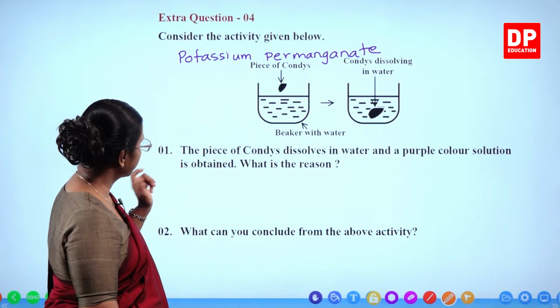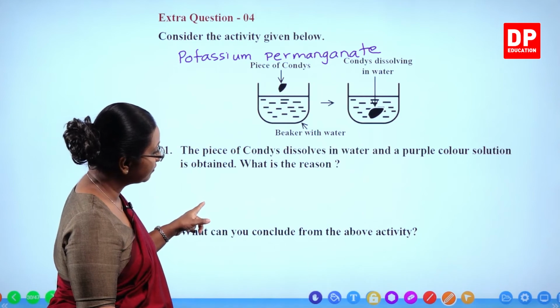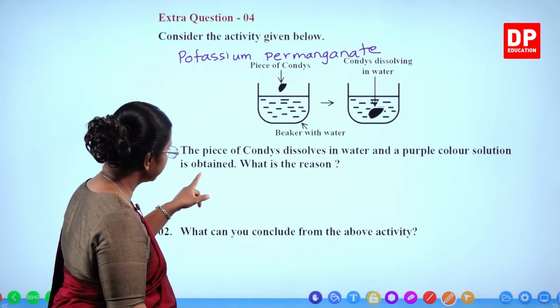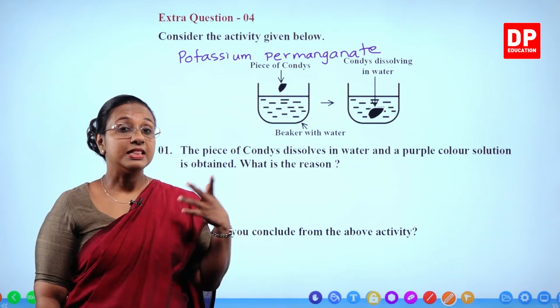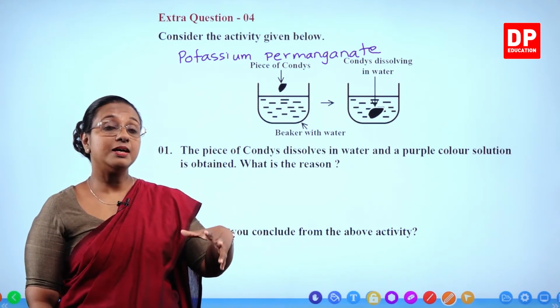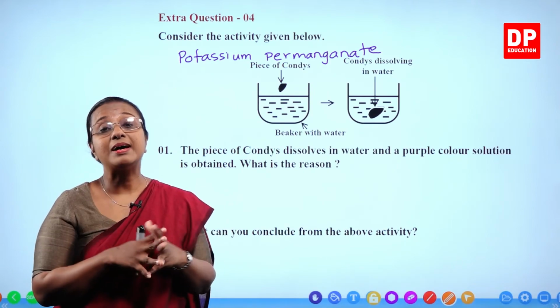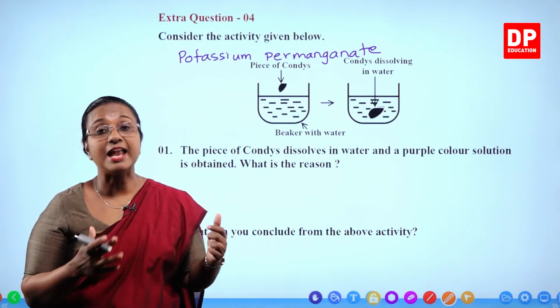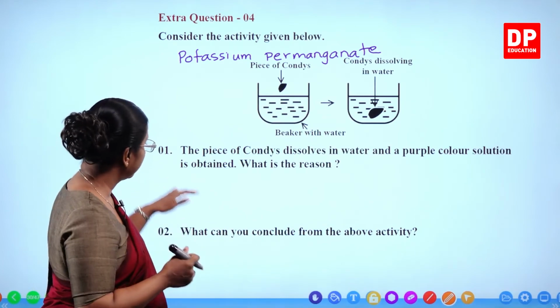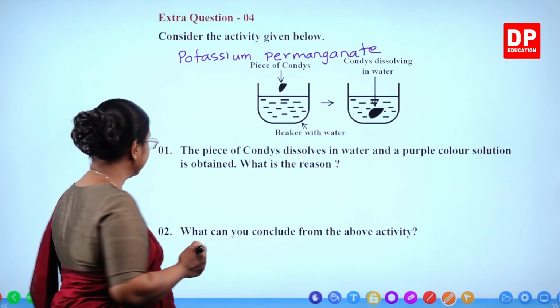So the first question: the piece of condis dissolves in water and a purple color solution is obtained. What is the reason? The condis particles are able to move amongst the water particles. So that is why they mix and form a purple color solution. That is the reason you have to write here.